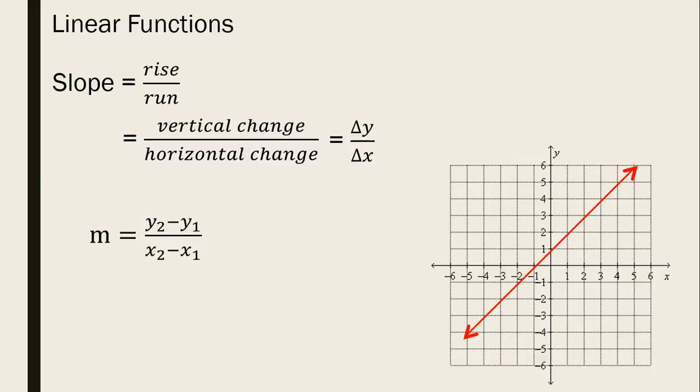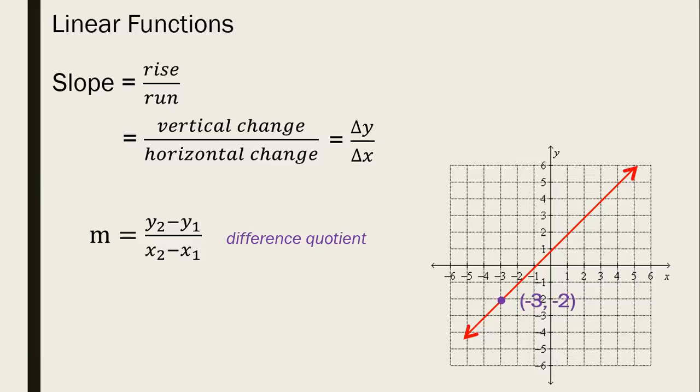Now you also might remember that to find the slope of a line, we can pick 2 points that are on the line and find the difference of the y-coordinates of those points and divide that by the difference of the x-coordinates. That's actually a very, very important quotient that we have. It's called the difference quotient, and we're going to see that a lot as we work through our problems in calculus as well.